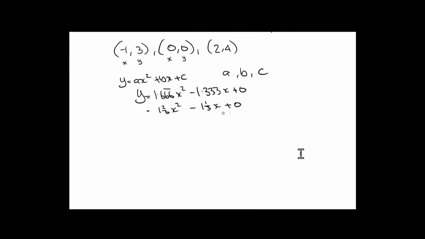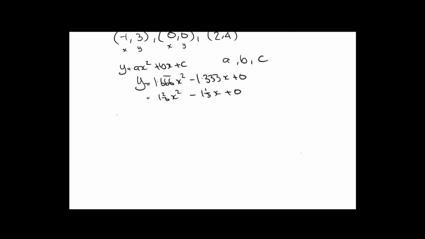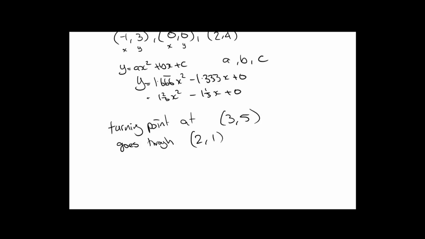Okay, let's say that we're told that a graph has a turning point at 3, 5, and it goes through the point 2, 1. What are we going to do there?